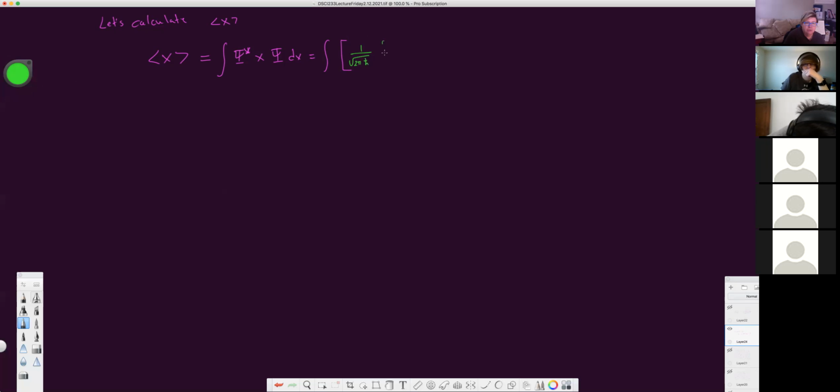And then the integral, this is going to be our psi star. As a matter of fact, I'm going to put that guy in green. Okay, and this is going to be the integral e to the minus i p x over h bar. And I'm going to use a prime on this p, and you'll see why in a minute.